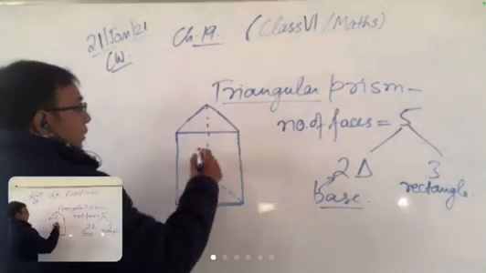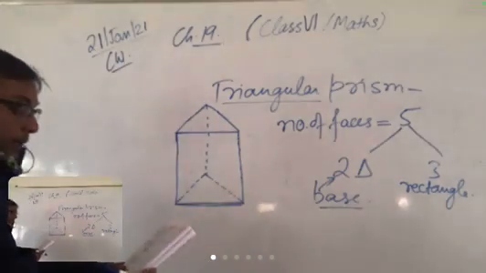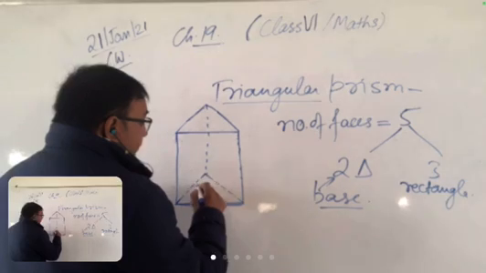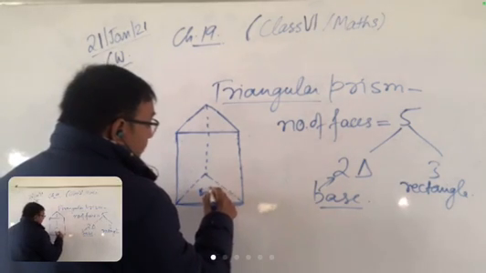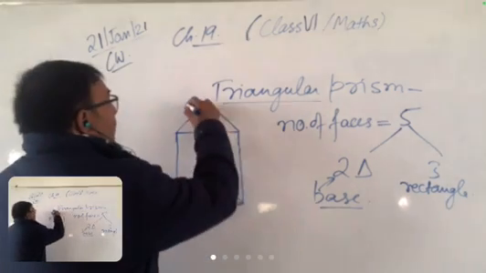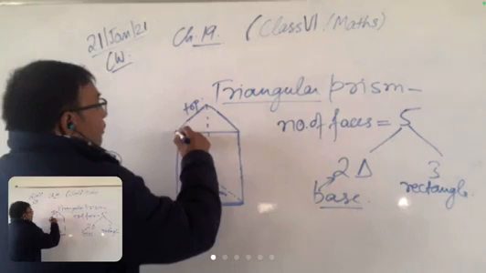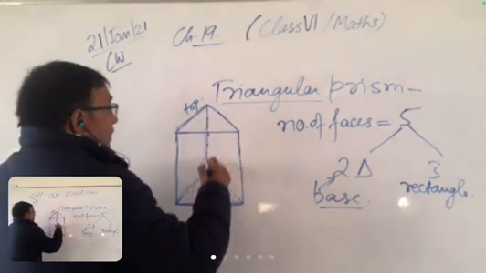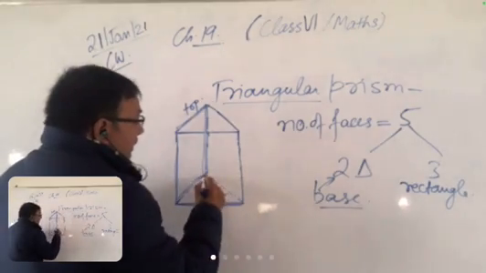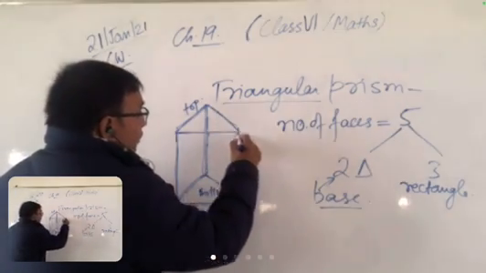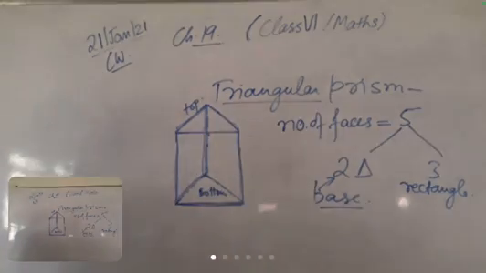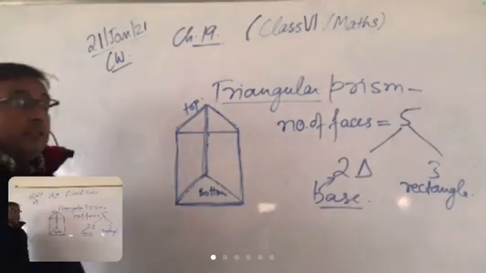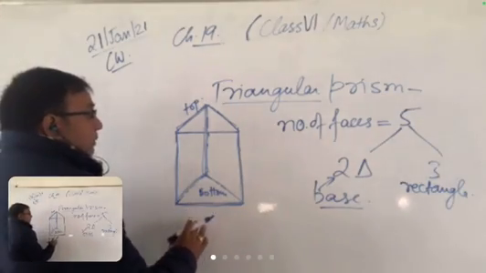And now there are two triangles at the bottom. This is the bottom, and this is the top. And now you can see here, there are three rectangles and two triangles. This is called a triangular prism.